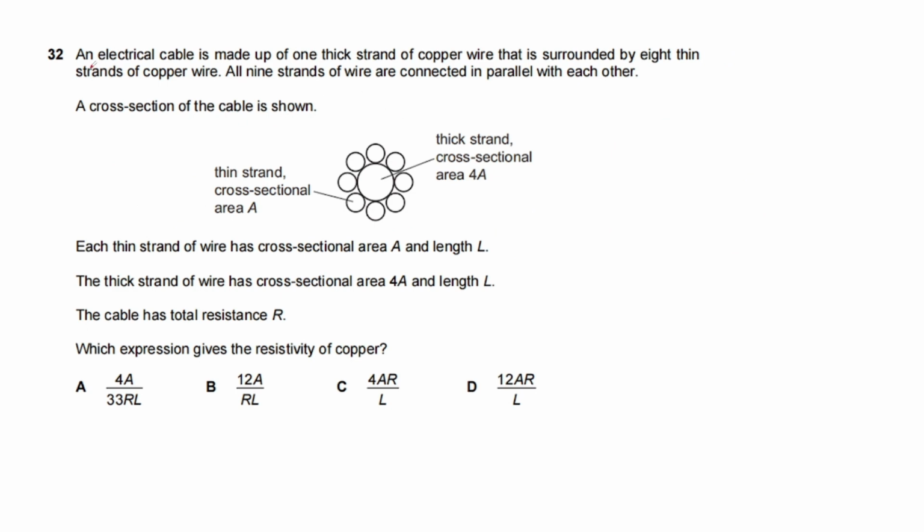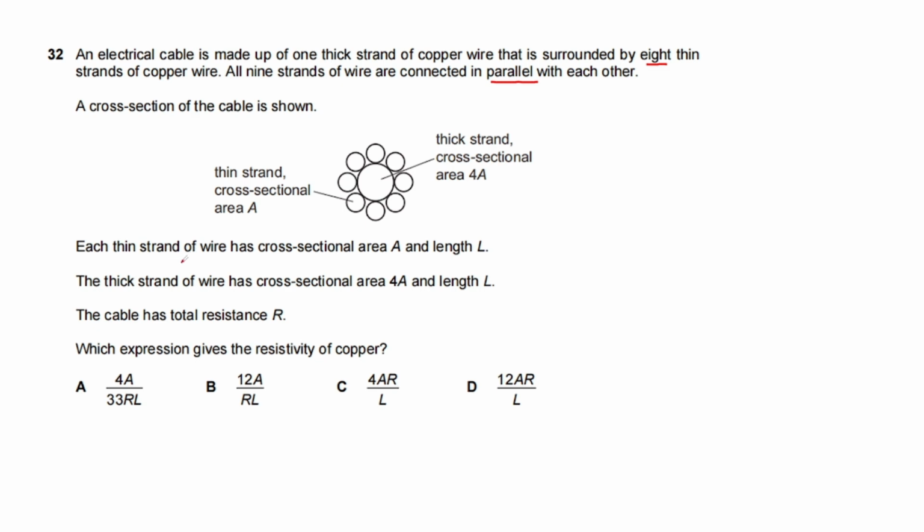Question number 32. An electrical cable is made up of one thick strand of copper wire that is surrounded by 8 thin strands of copper wire. All 9 strands of wire are connected in parallel with each other. A section of the cable is shown.